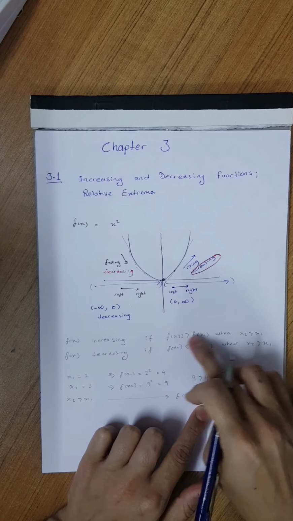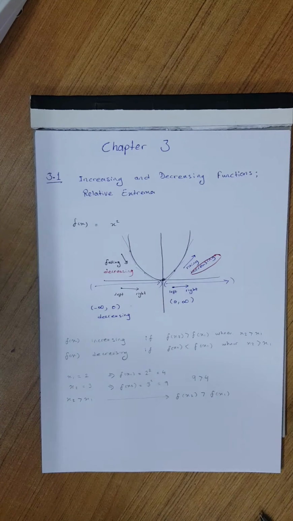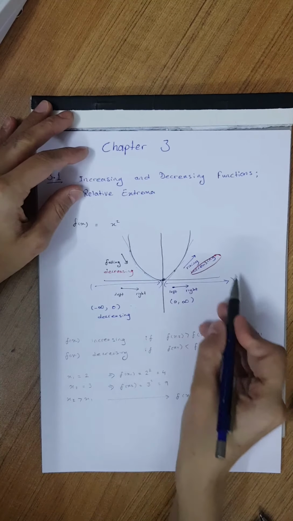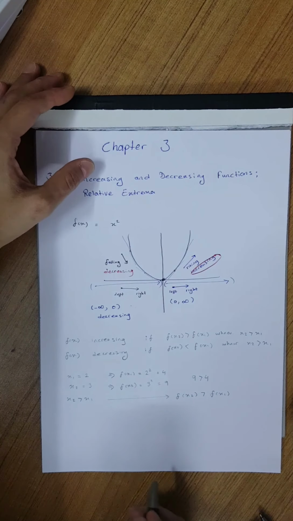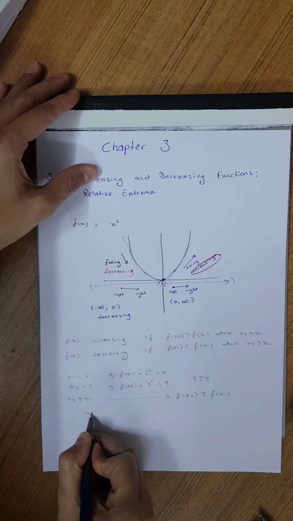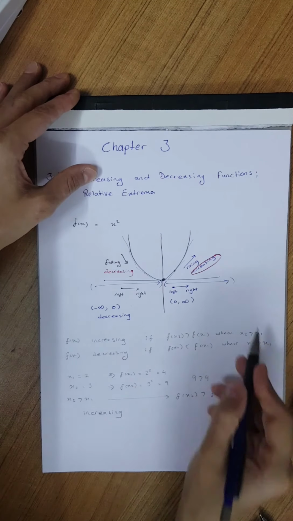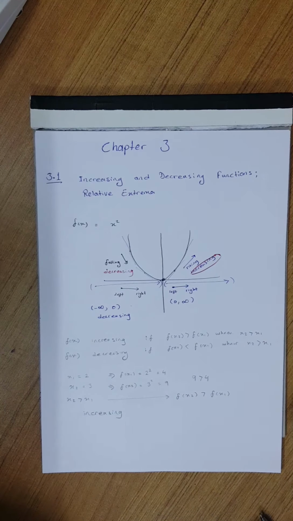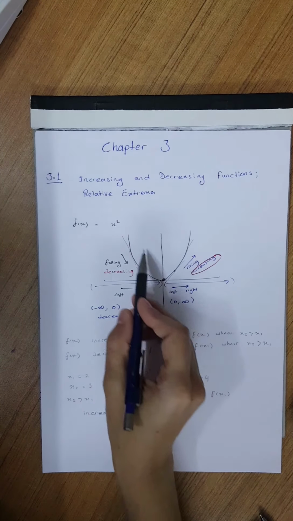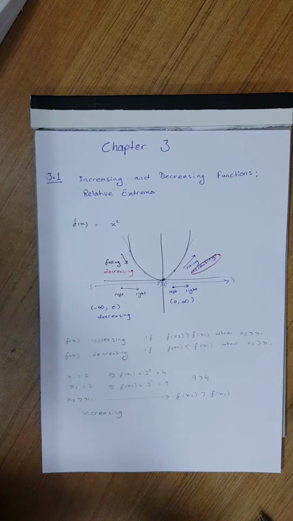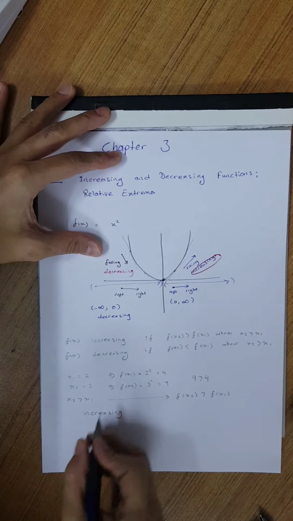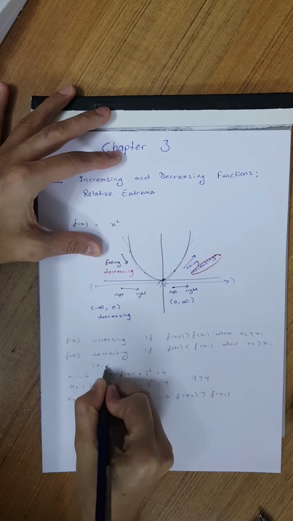F of x2 is greater than f of x1. So from 0 to infinity, we see that the function is increasing. Why? Because of that rule. Let's take that part of the function from minus infinity to 0 and see what will happen. That was from 0 to infinity.